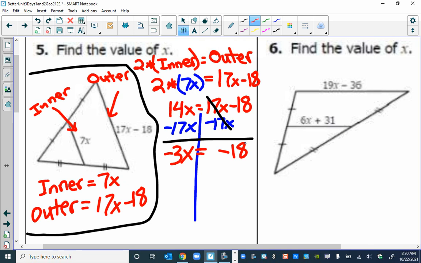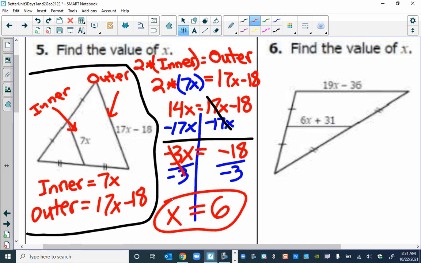Opposite. Good save. Yes, sir. Now we're going to do our division. Of course, the negative 3's cancel. You're left with x equals what number? Yeah, that's it. That's all.